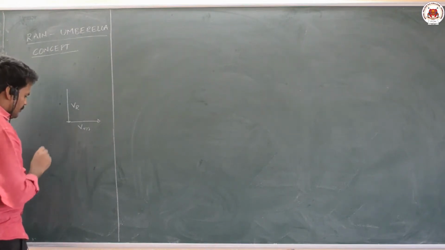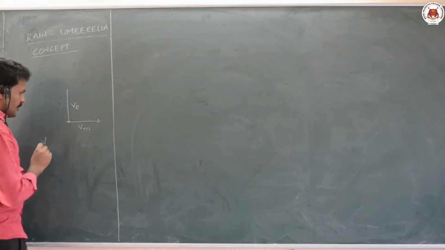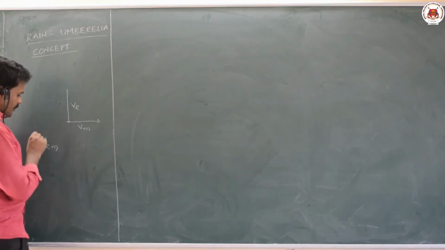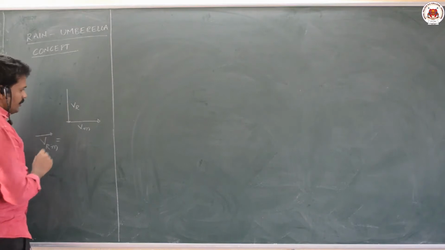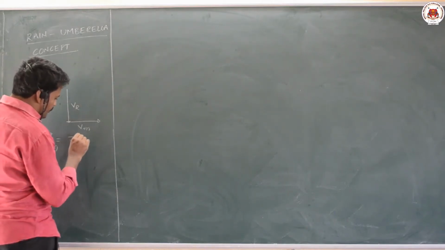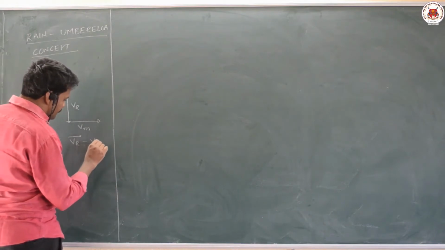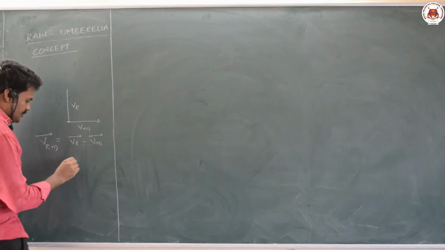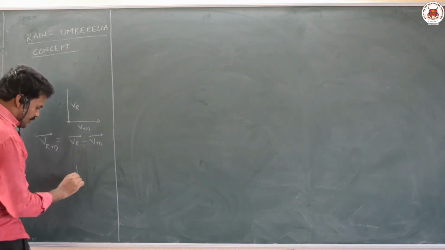We have to calculate the relative velocity of rain with respect to man. That is equal to Vr bar minus Vm bar. So, this is the velocity of rain.